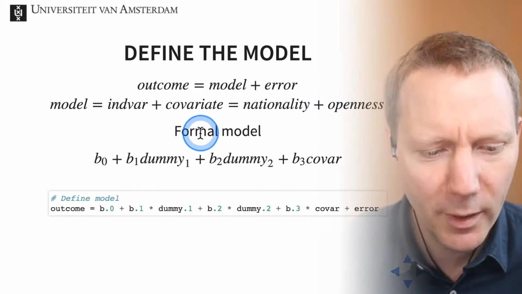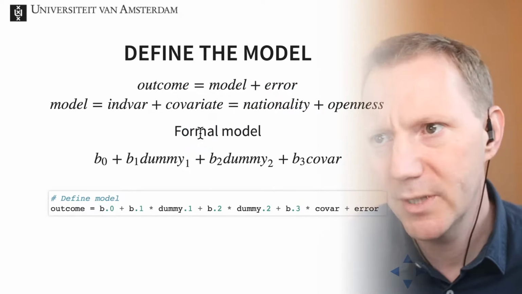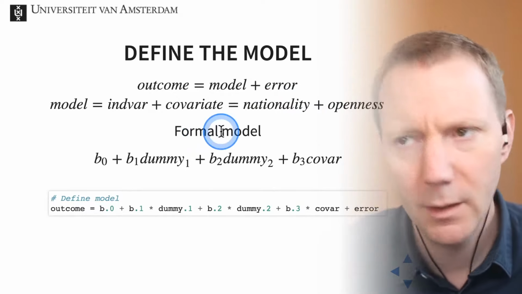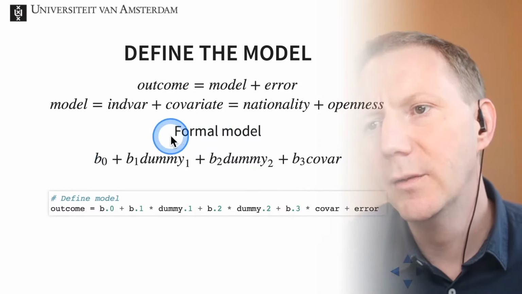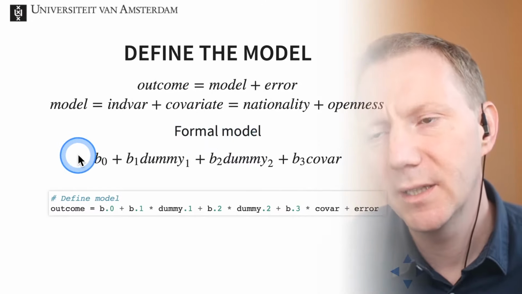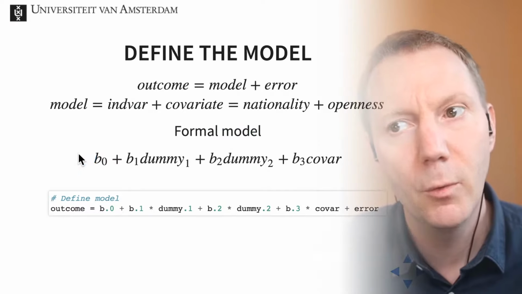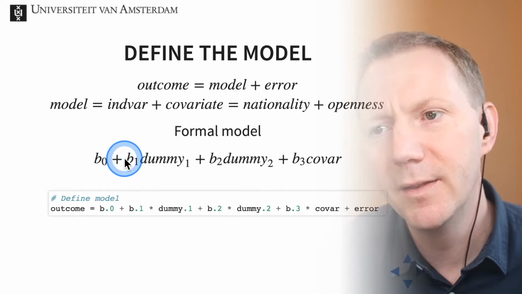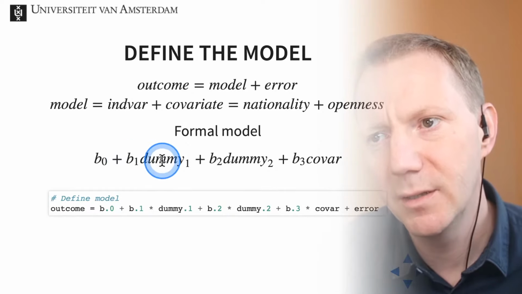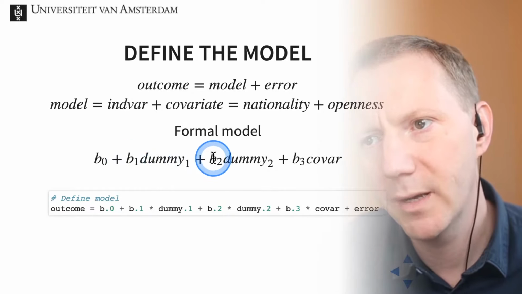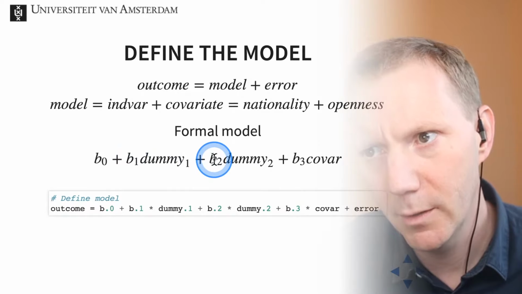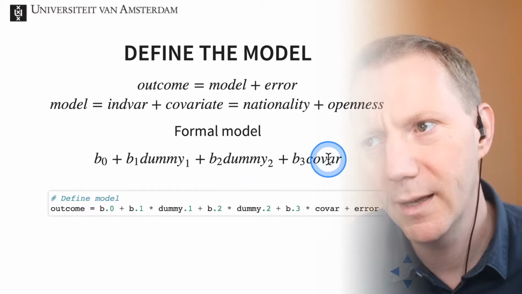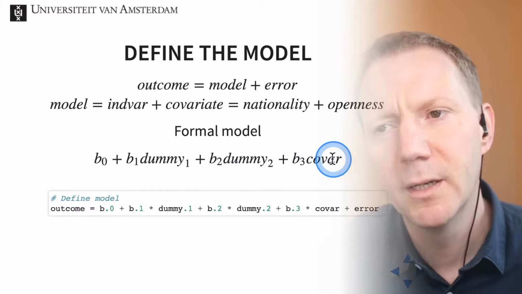Now, if you want to formalize that, and I'll go into the question that I saw come by in the chat, the formal model is a regression where you define first your intercept, then a beta coefficient for dummy variable 1, plus the beta coefficient for dummy variable 2, plus your beta coefficient 3 times your covariate.